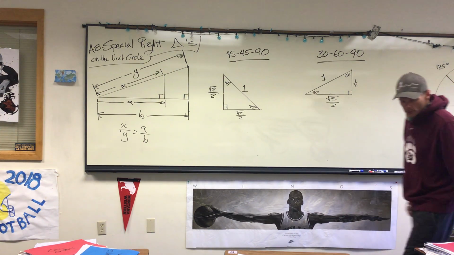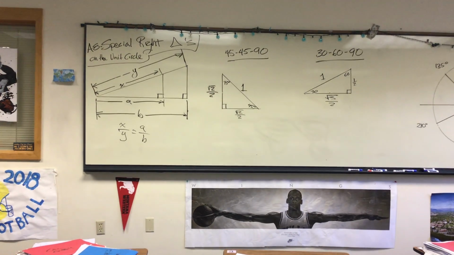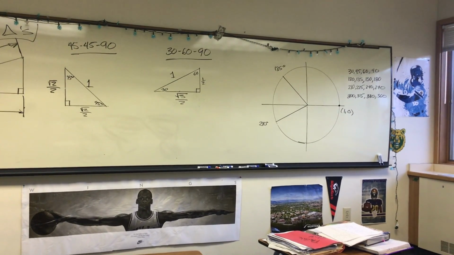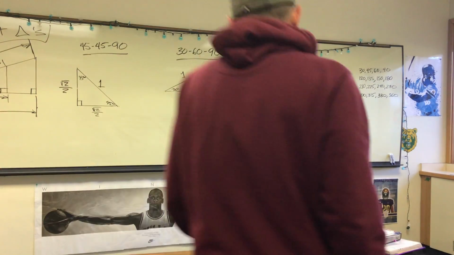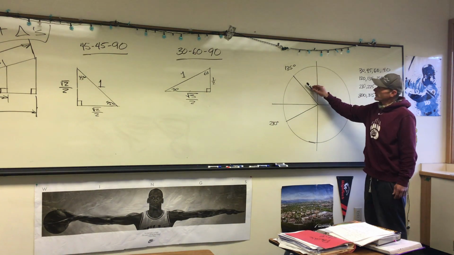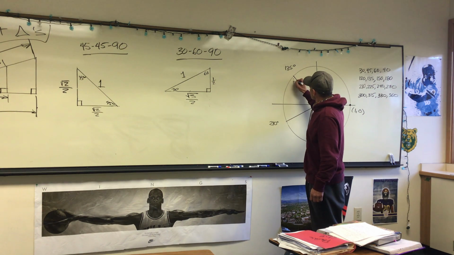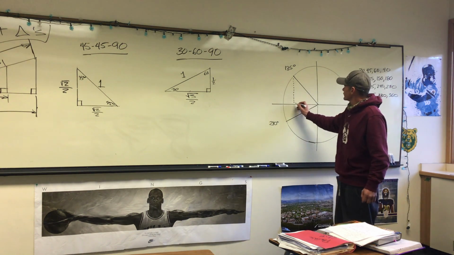Okay, so we'll move the camera over a little bit and move to the unit circle. So this is how I want you to use this information. We're going to go to the unit circle and say we turn an angle of 135 degrees. Okay, well, if we do that, what kind of triangle do we have here?